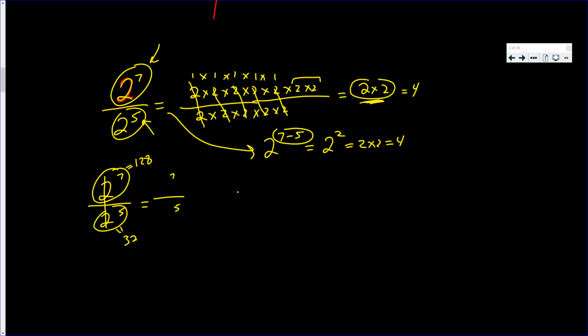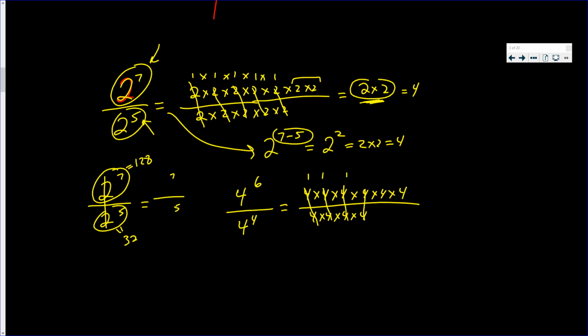If you had 4 to the 6 divided by 4 to the 4. Well, by definition, the top is 4 times 4, 6 times. And the bottom is 4 times 4, 4 times. Oh, 4 over 4 is 1, 4 over 4 is 1, 4 over 4 is 1, 4 over 4 is 1.